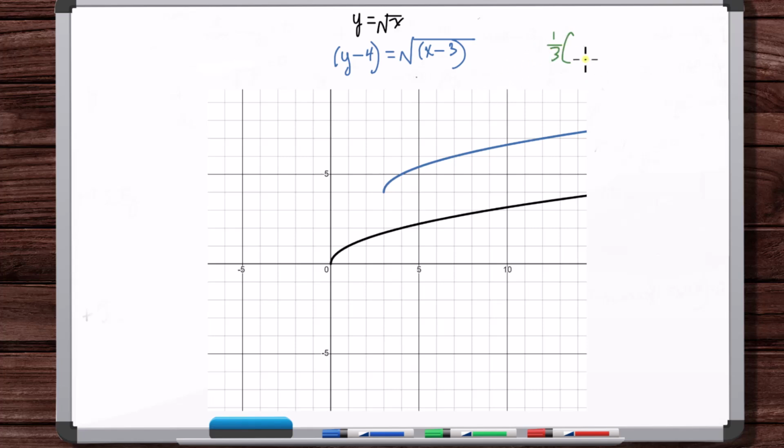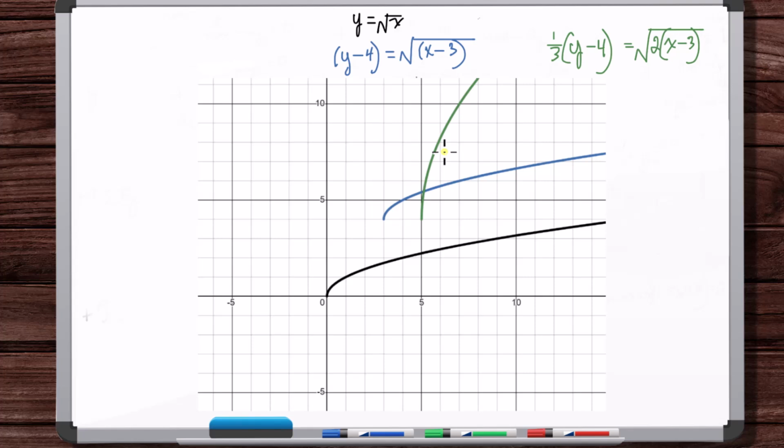When we put the minus sign on the outside, we put the 1/3 on the outside of the shifted y. And then we put the 2, since we want to shrink by a factor of 2 along the x, on the outside of the shifted x term. And there you go.